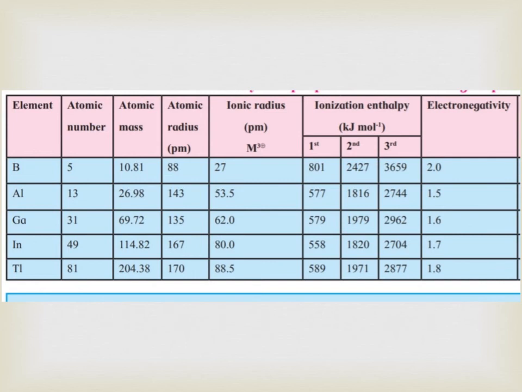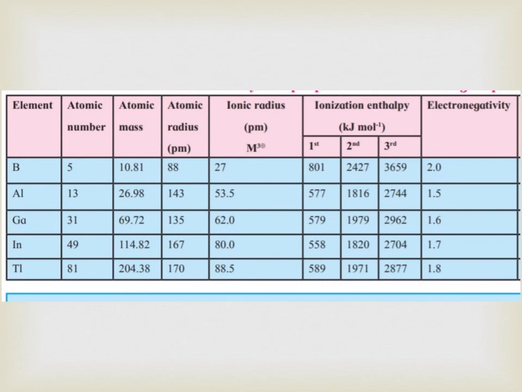Then the last is electronegativity. You can see for boron the electronegativity is 2, but from aluminium to thallium again the electronegativity decreases. Now students, this is because the nuclear charge increases, but simultaneously the number of shells in the atoms also increases.